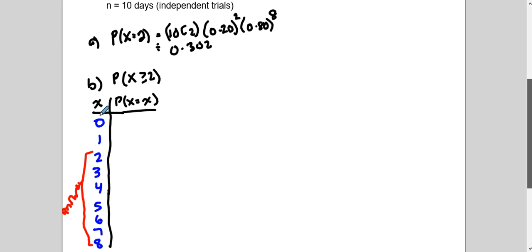Now, what do you think? There's got to be an easier way, because there's 8 trials. That's a lot of calculations. Well, maybe we find the complement. So maybe we find the complement of this.